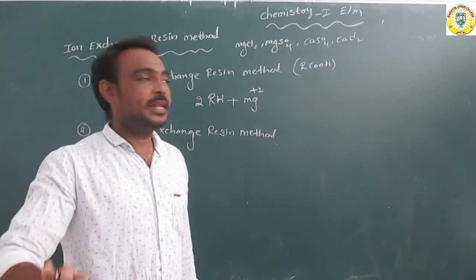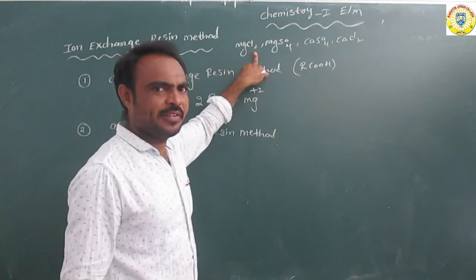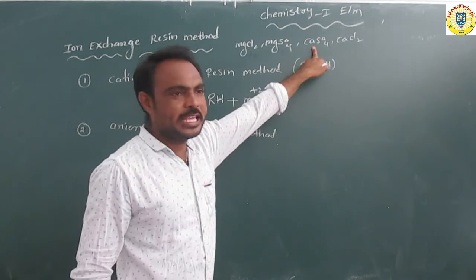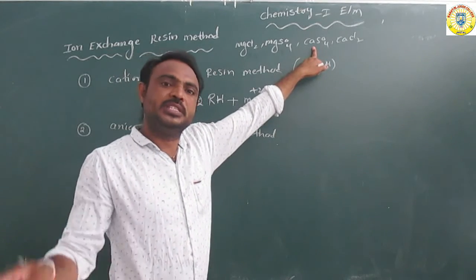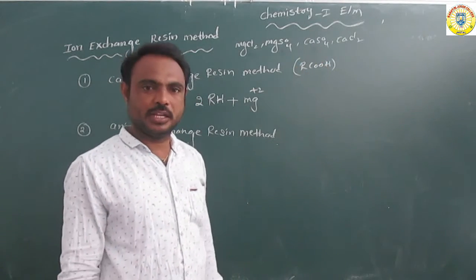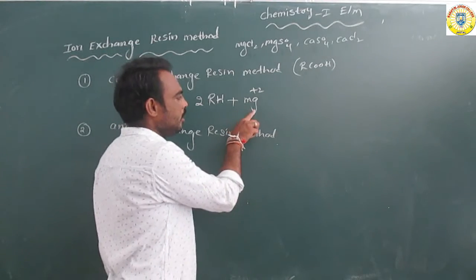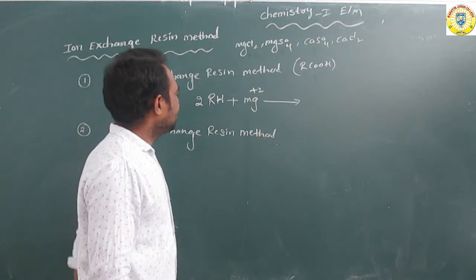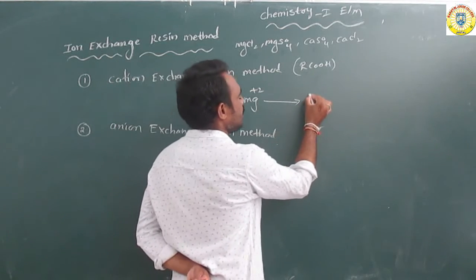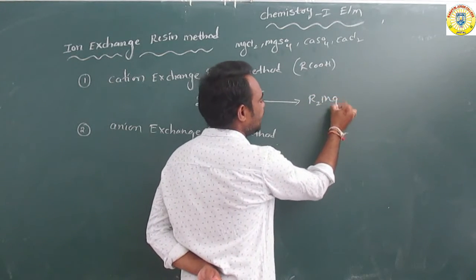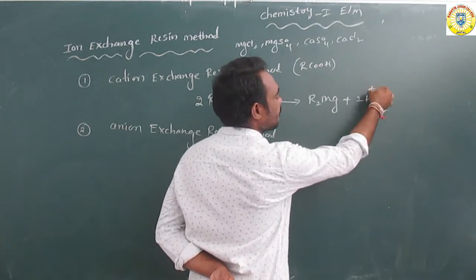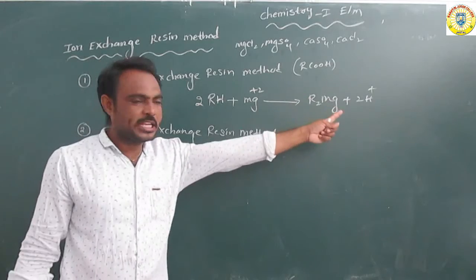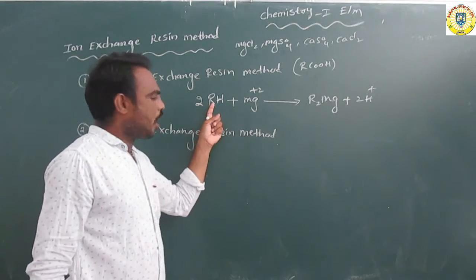MgCl2 is converted to Mg2+ and 2Cl-, as already we know. CaSO4 is converted to Ca2+ plus SO4 2-. So overall the cation is exchanged, giving R2Mg plus 2H+.